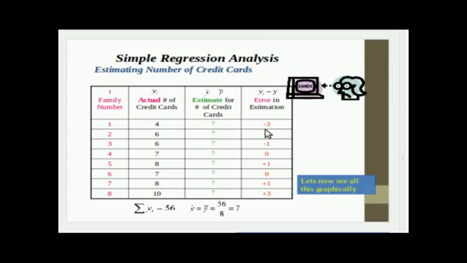So error in estimation represents the average distance between the observed value and the theoretical value of the data set, or somehow we can say it is the average distance between the estimated value and the true value of actual credit cards, which is nothing but our quantity of interest.